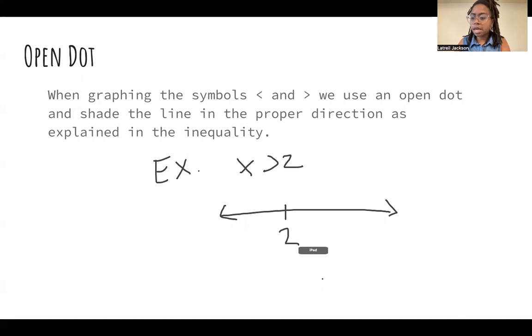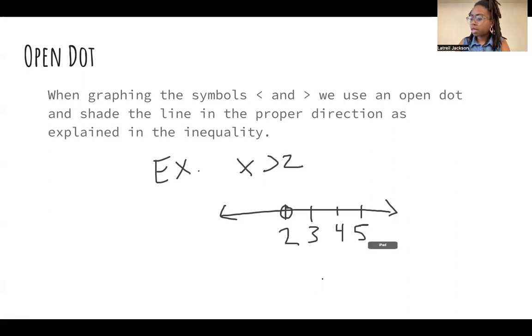And since this is just a greater than or less than, we use an open dot on the 2 because that's where we're focused on. And it's saying that x is greater than 2. So we're looking at everything that would be greater than 2 on the number line. So we're going towards the right.